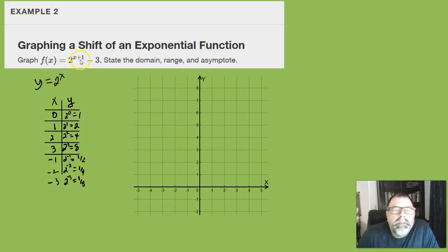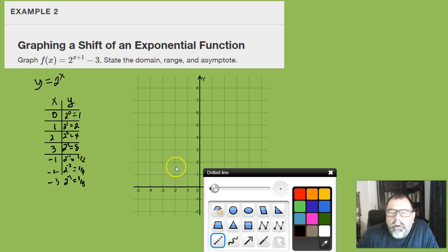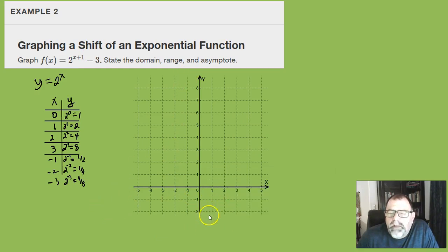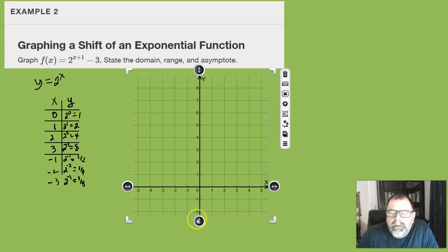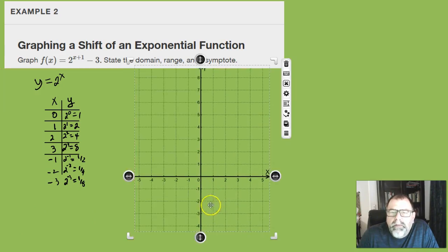Now we're going to shift it negative 1, x. So what I do is I draw on my graph what I call a pretend x and y axis. And we're going to go down 3. So I need to change my axis here. I'm going to go down 3.